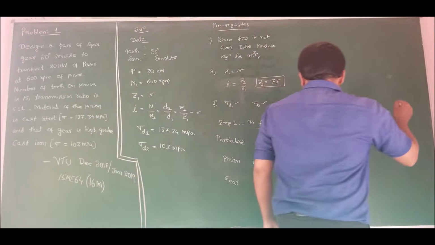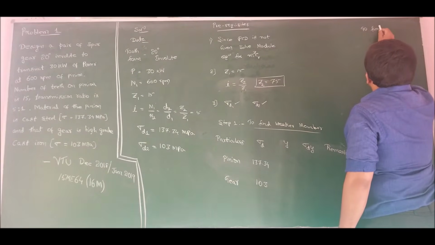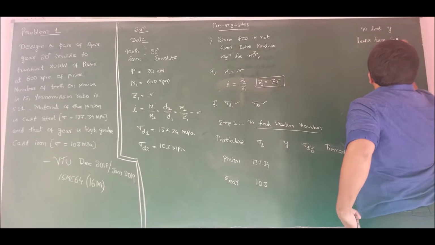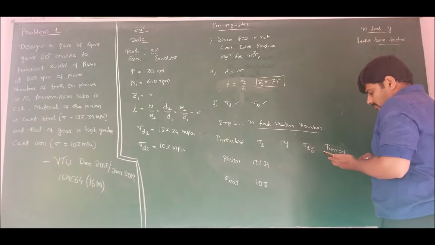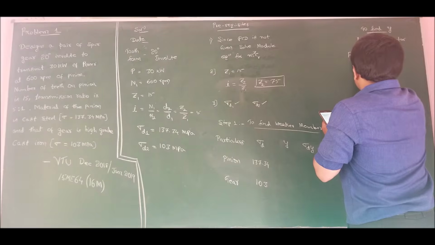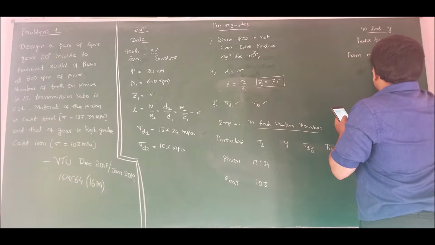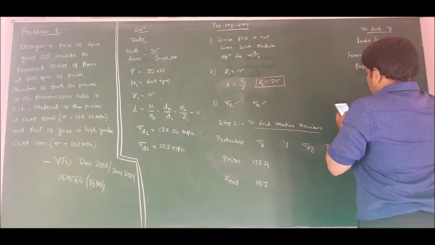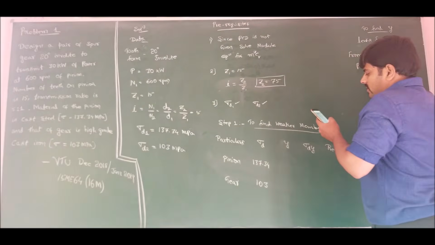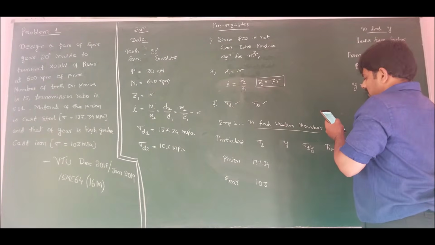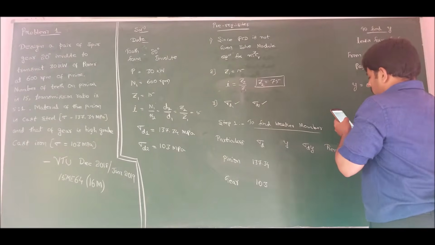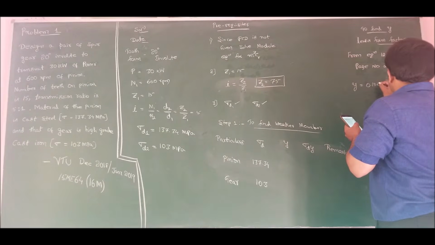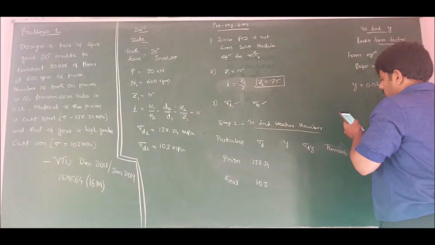Now to find the Lewis form factor, from equation 12.5b, page number 204, we have the Lewis form factor given by y is equal to 0.154 minus 0.912 divided by z, for 20-degree involute tooth form.